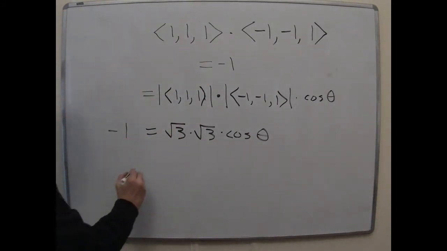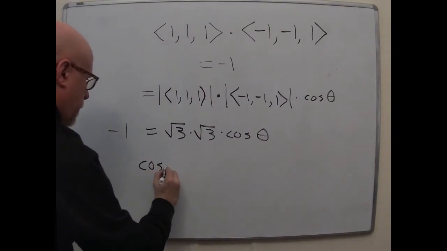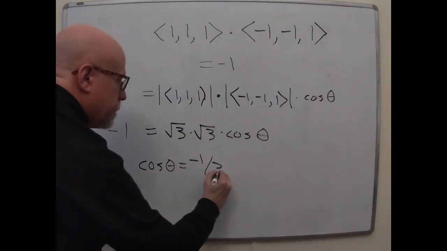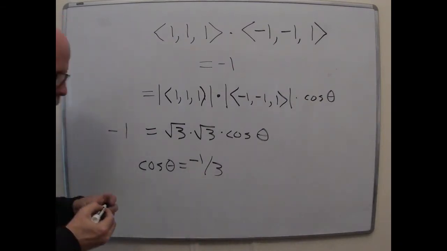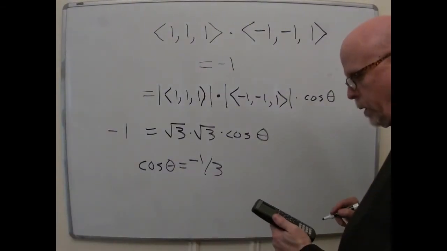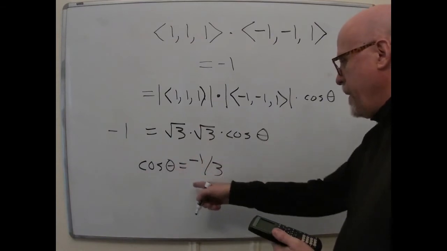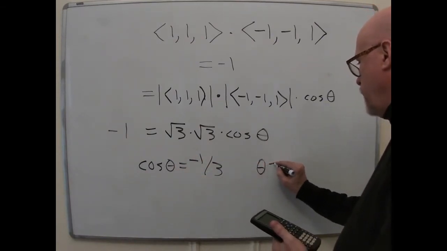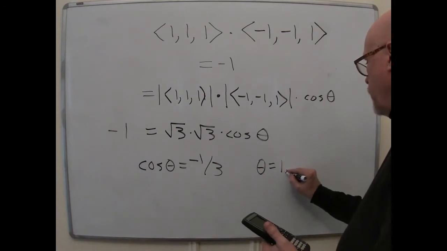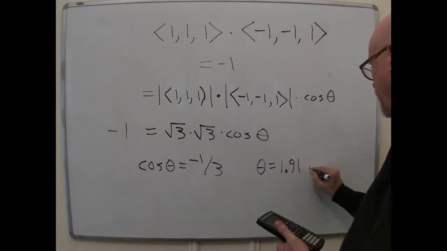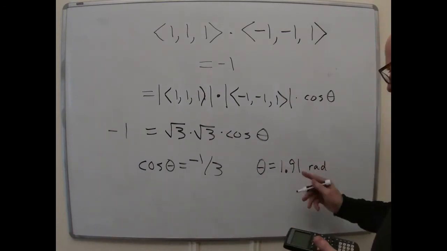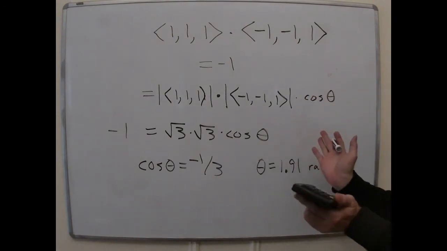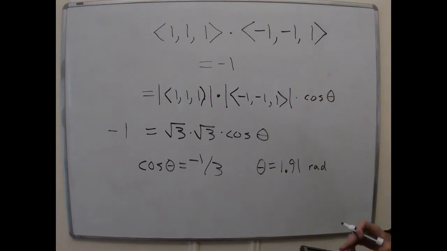So the cosine of theta is negative 1/3. I got a calculator, and if I take the inverse cosine of negative 1/3, you find out that theta is 1.91. That's radians. About 2 radians, so I always think of a radian as roughly 60 degrees, so it's close to 120, but it's not really.